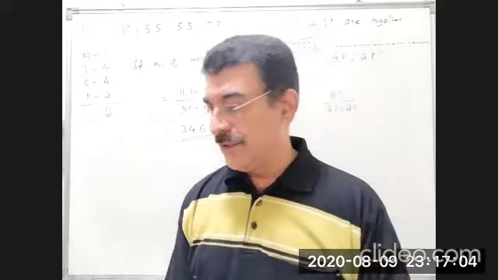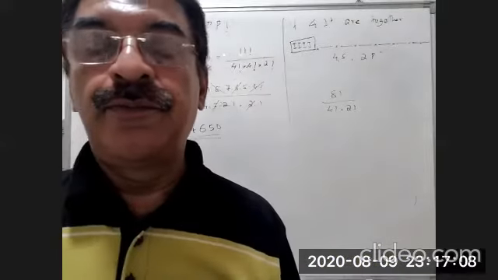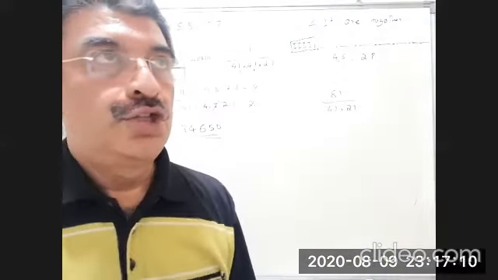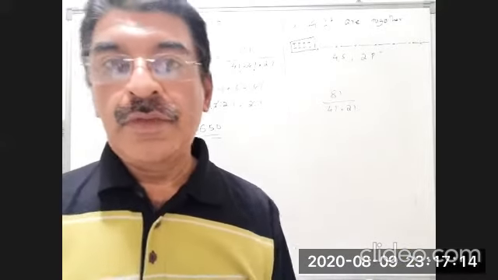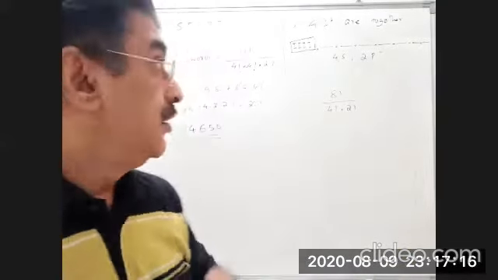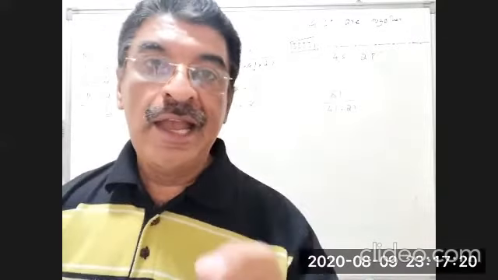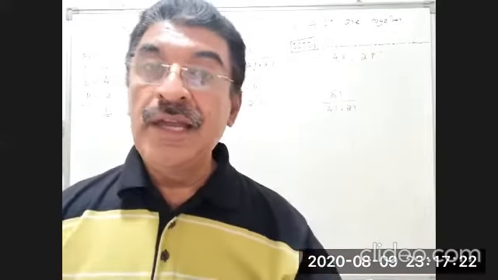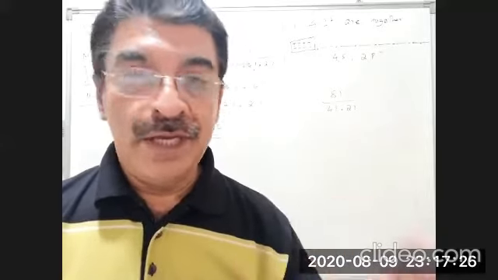Remaining 7 letters. So a total of 8 places. I repeat it once again. If 4 I's are together, they act as one block, remaining 7 letters. So a total of 8 places.